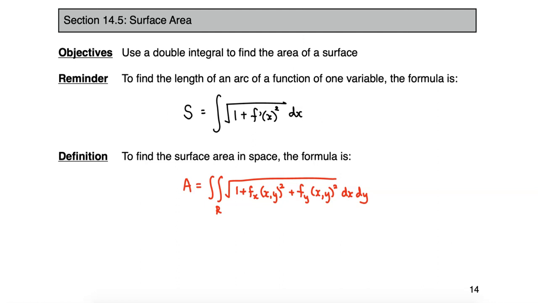As a reminder, the length of an arc that you studied in AP Calculus BC could be found using this formula here. And we're going to look at an element of proof of how this formula comes to be.